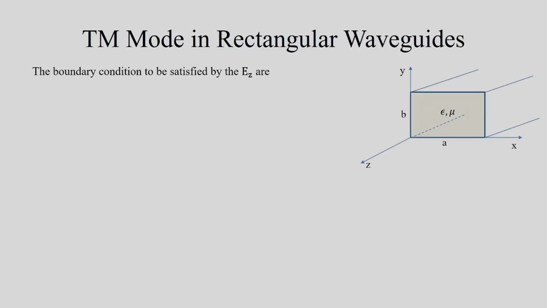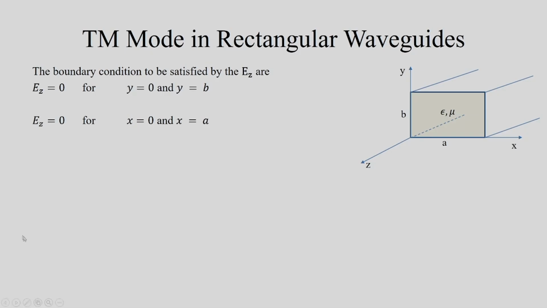Now, when it comes to applying boundary conditions, here we see that we can directly apply the boundary condition on the Ez component, and the conditions are Ez is 0 for y equal to 0, y equal to b, and similarly Ez is equal to 0 for x equal to 0 and x equal to a.